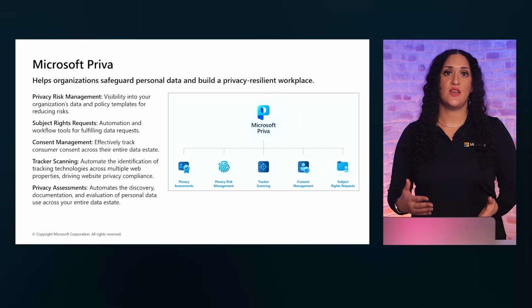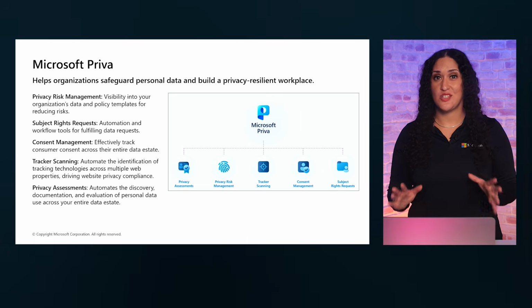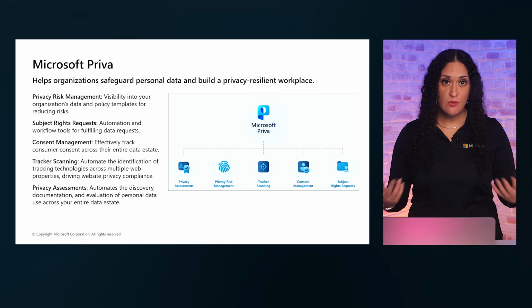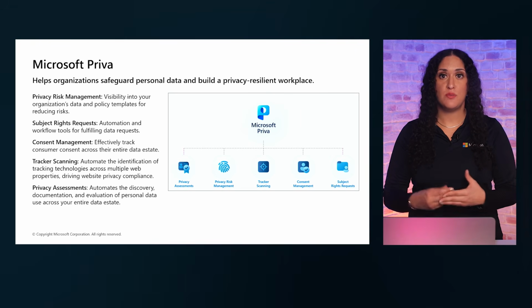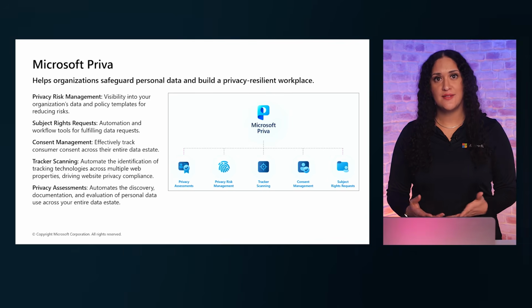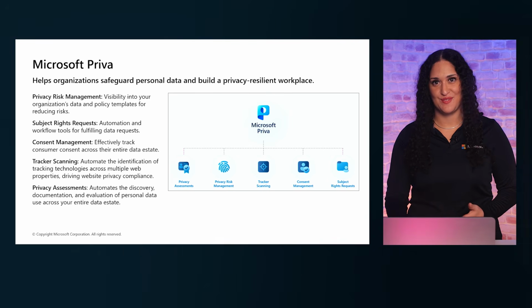So instead of relying on manual processes and disconnected tools, organizations get a centralized, automated approach to privacy that reduces risk, streamlines compliance efforts, and builds trust with customers and regulators, while allowing our teams to stay productive.